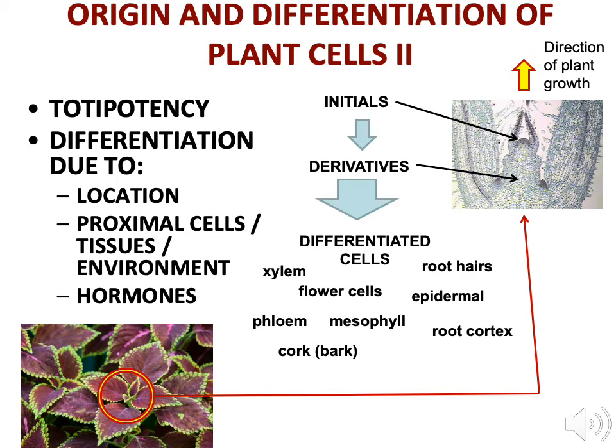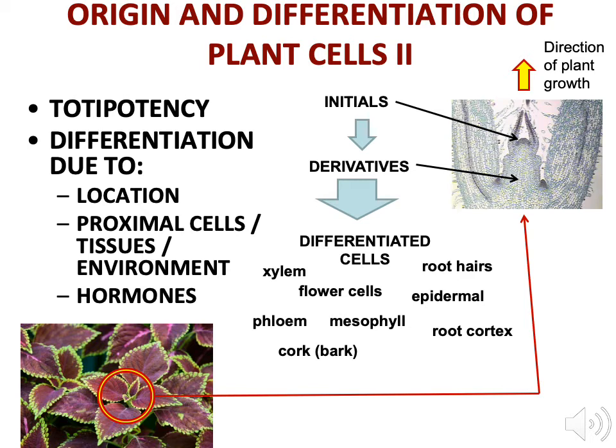In other words, if you've got a cell being produced at the tip of a plant, it's way above the ground, it's probably not going to become a root cell. As a matter of fact, if it's got a lot of other cells that are destined to become leaves, it's probably going to become a leaf. If there are phloem cells around it, it might become a phloem cell. Okay, based on the environment, maybe how moist it is, how hot it is, other conditions of the environment might influence exactly what that cell's going to become.